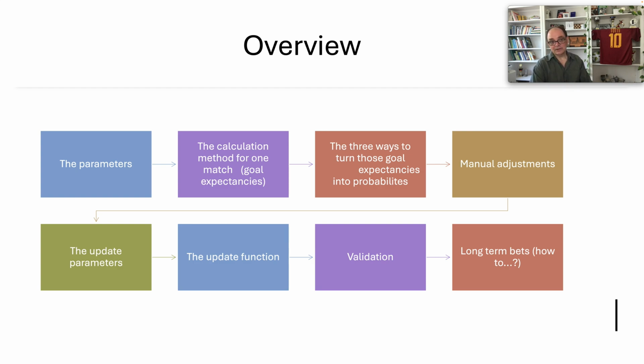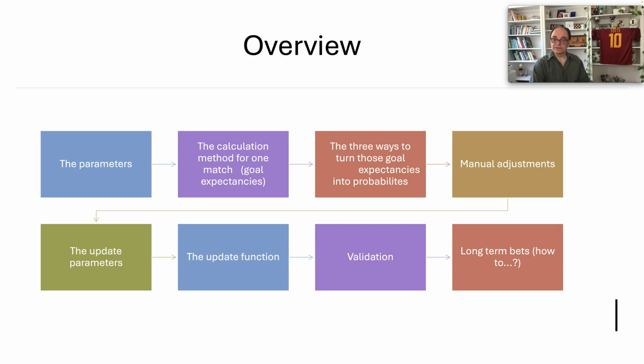Now here we get an overview of how we do this, and this is the more technical part. We need the parameters. We need to determine which are there and so on. Then the calculation method for one match, which is a mathematical function. And then there are three ways to turn those goal expectancies into probabilities.